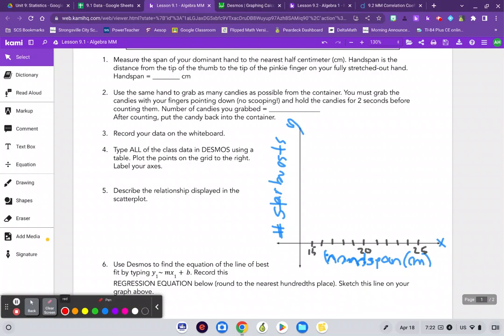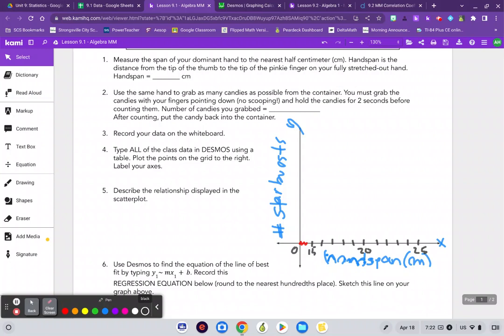Because we started at 15 and not at 0, where the origin is typically 0, 0, we made this little break, this little squiggly on the x-axis. That break says I'm not starting at 0 and counting up to 15. The distance from 0 to 15 is not the same as the distance from 15 to 16, so it lets you understand that you are skipping numbers on the x-axis.